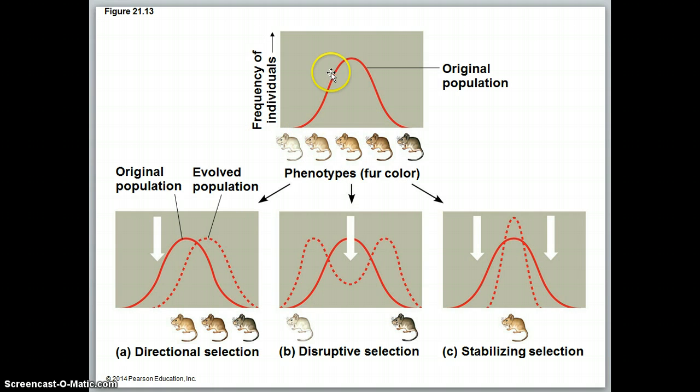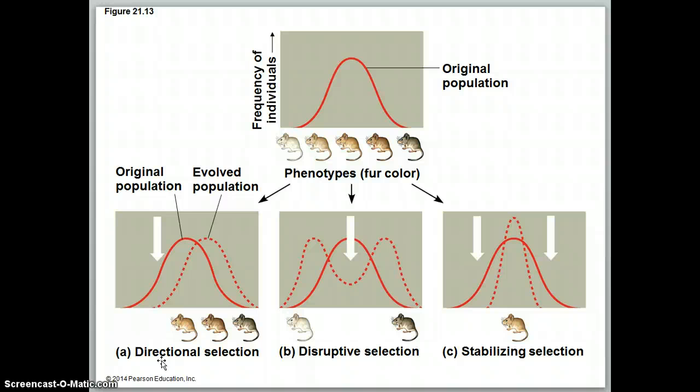So this is my initial population of mice. You can see I have a variety of different colors of fur, white all the way to black. This is my original population. Usually populations will follow a bell curve. Maybe the environment around this population changes and becomes darker.